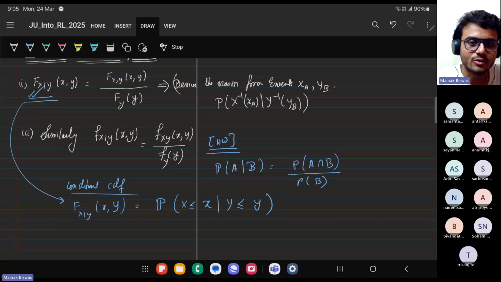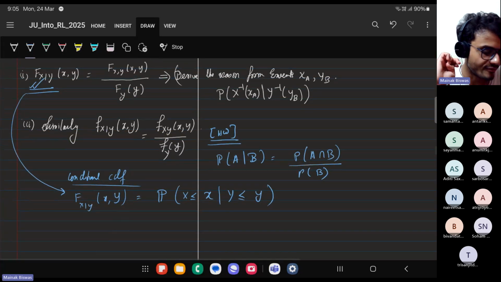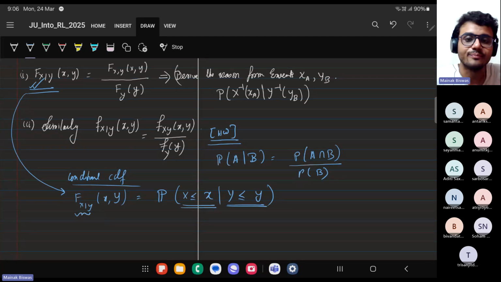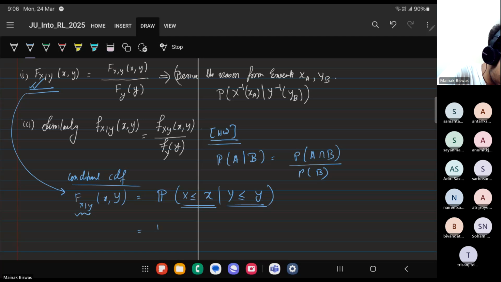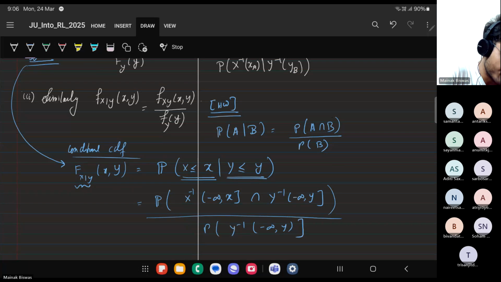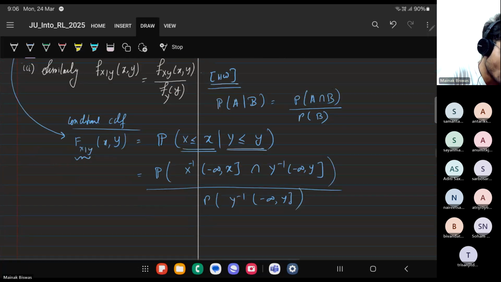Same thing that I'm trying to do, nothing very difficult here. Since it is a conditional distribution and a CDF, I take all the events up to x and all the events up to y. So now this can be written as the set, what can this be written as? We already did it once just now. Probability of Y inverse of minus infinity to y. What is the numerator?